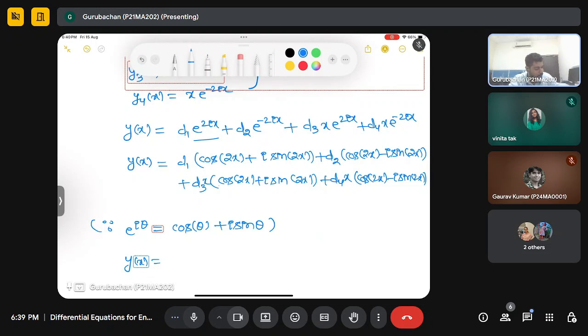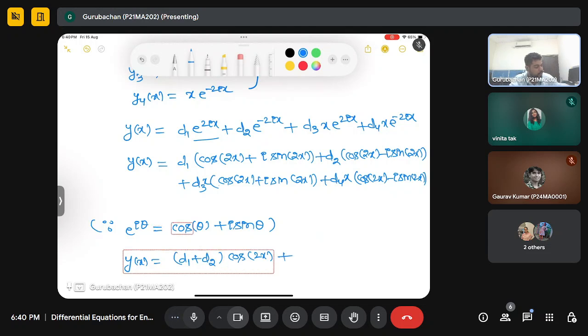Like we will get (d1 + d2) cos 2x. The next one is (i d1 - i d2) sin 2x.